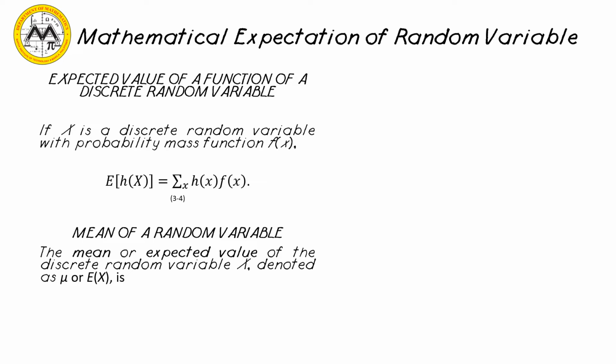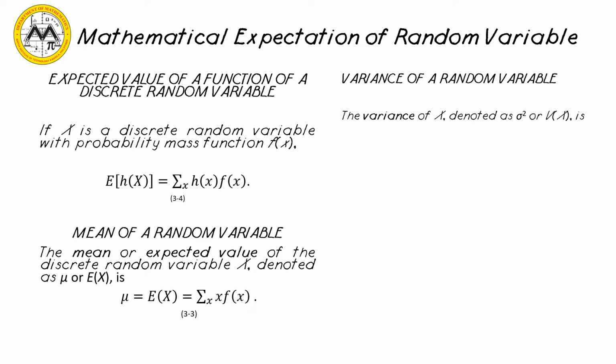While the mean of the random variable, the expected value of the discrete random variable X, is denoted by mu, which is E of X, equal to the summation of x times f of x.